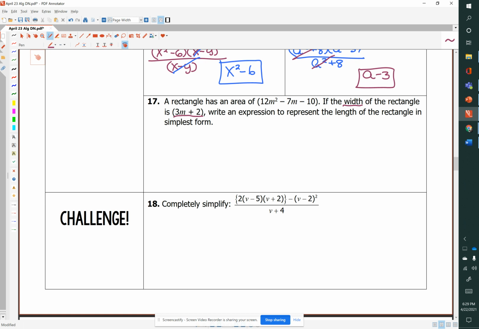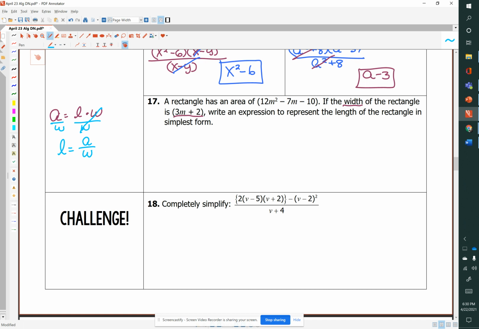So area equals length times width. Okay, if we want to isolate the length, then what we need to do is divide both sides by the width, and then we will have length equals area divided by width.